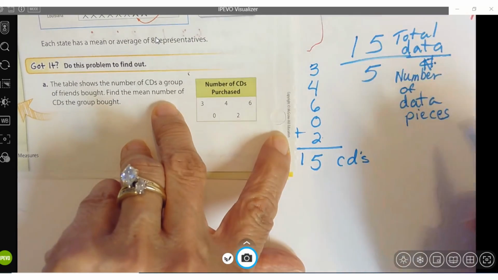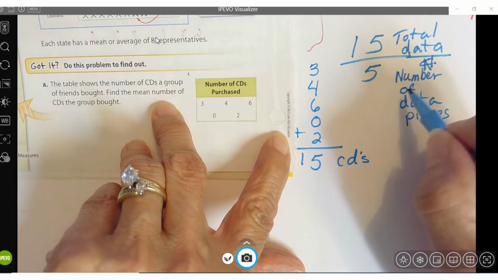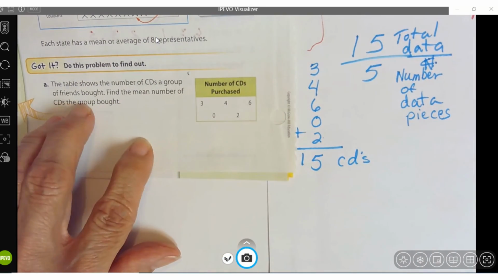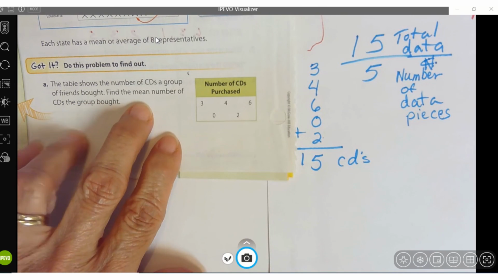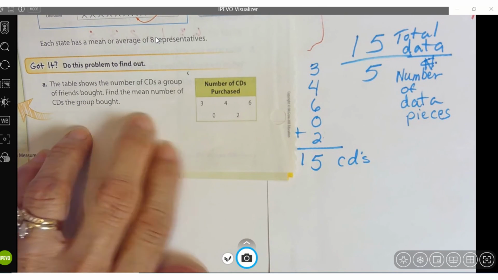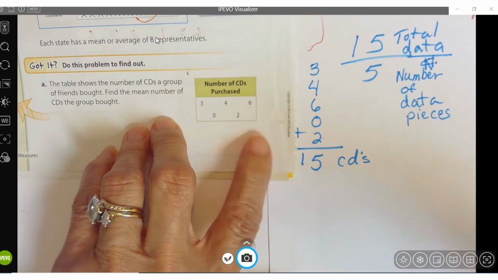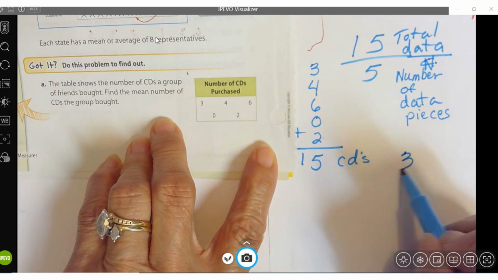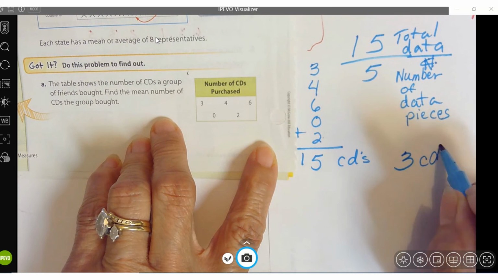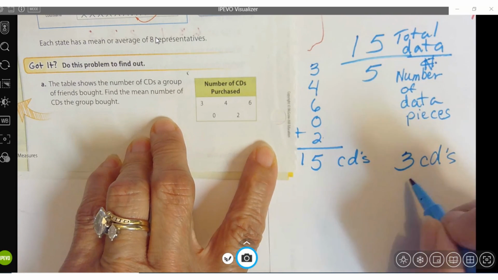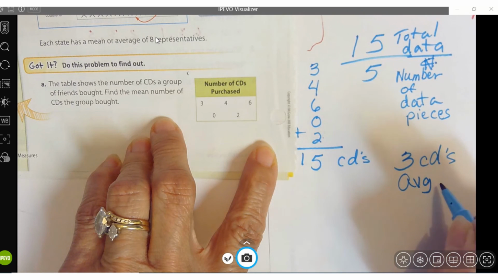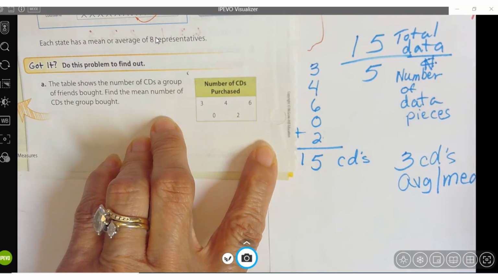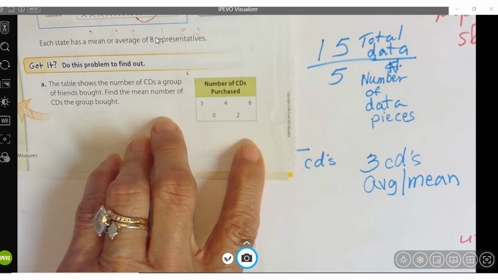So on average it is 3. Find the mean number of CDs the group bought. So the group bought an average of 3 CDs. Okay, perfect.